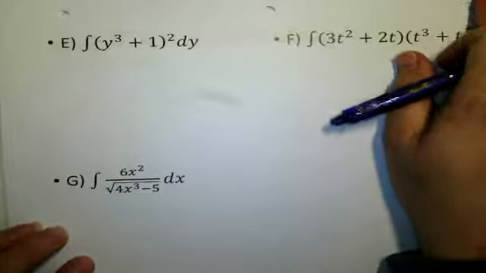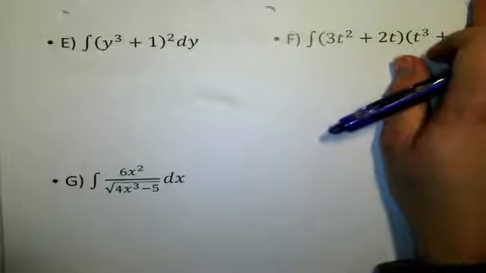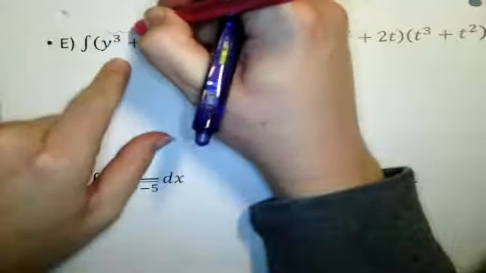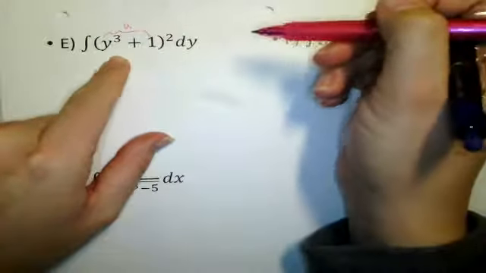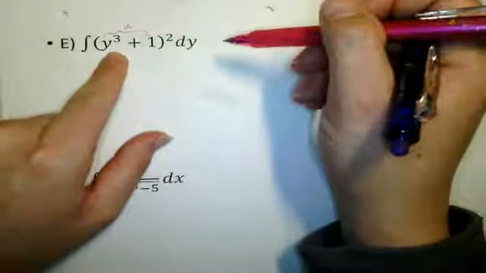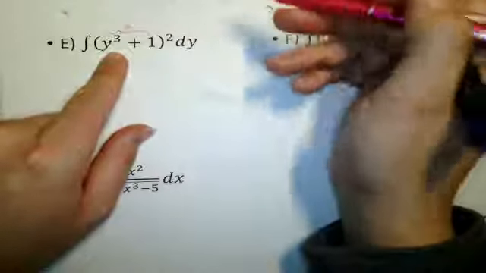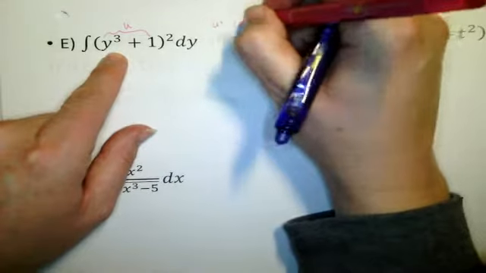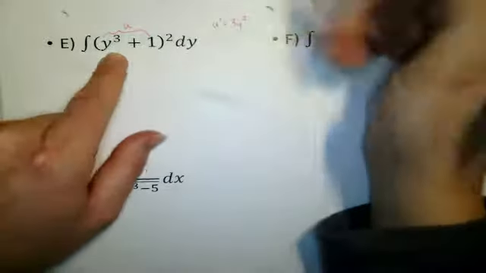All right, well, letter E is a little bit different here. I see an inside function. So if this was my U function, my complicated inner function, I would want to see the derivative. Here's the problem. U prime would be 3y squared.